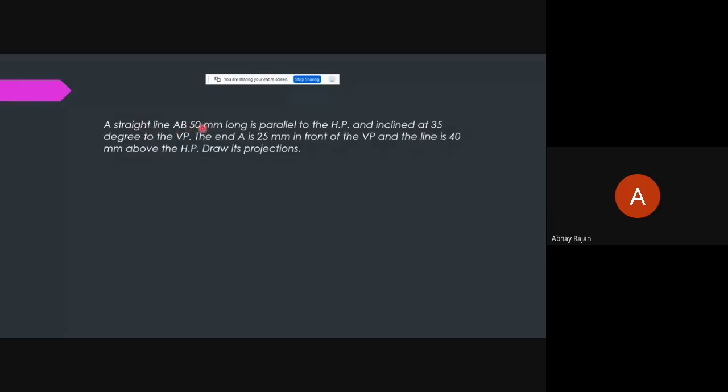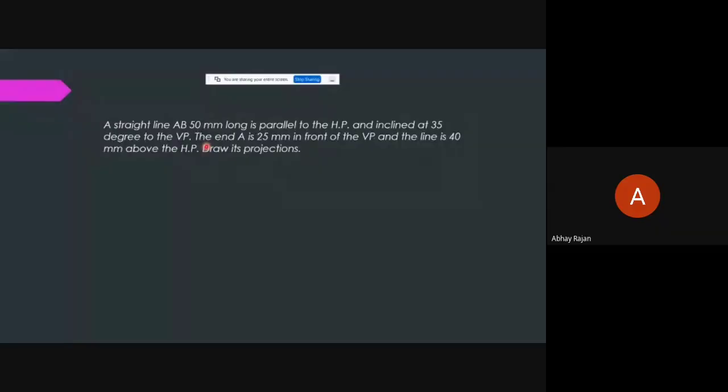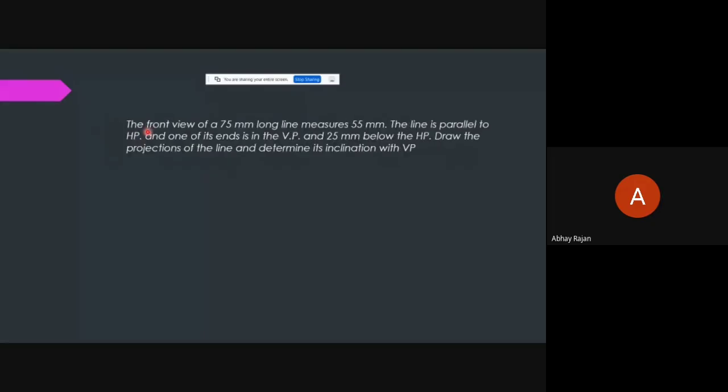It is said that straight line AB is 50 mm long, and it is parallel to HP, inclined at 35 degree to VP. So like the previous cases, end A is also given. So you will be able to locate the point A first, and you will be able to draw the inclined line. Then, based on these given dimensions, you can do the question. So we will see this question also.